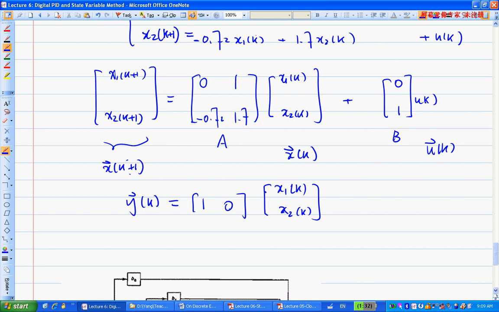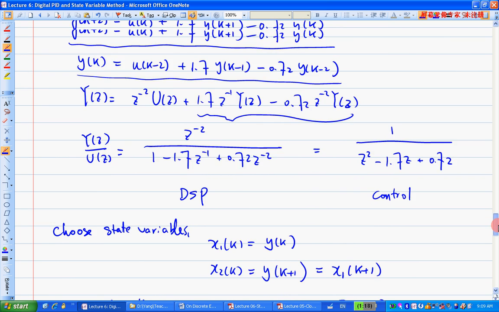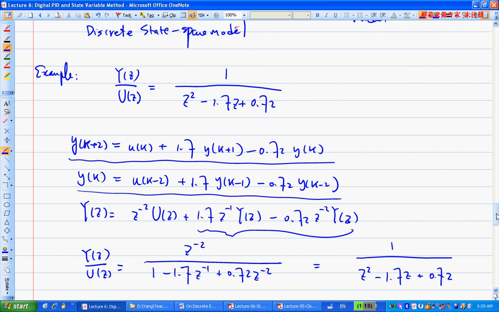Okay, so back to Robbie, to your question. In this one here, do we have the d term, Robbie? Apparently we don't have the d term here, right? So why is that? Well, remember what I said about the order of the system here. What's the order of the numerator here? It's 2, right? So the order of the numerator is less than the order of the denominator. That's a so-called strictly proper system.